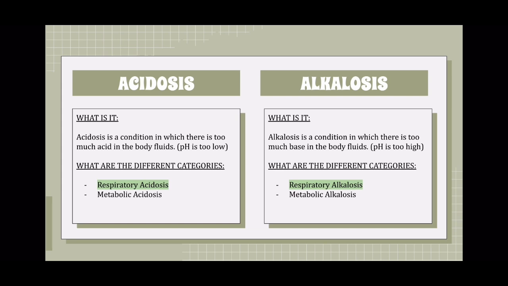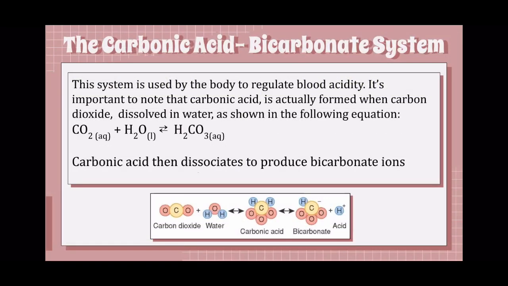But before getting more specific into acidosis and alkalosis, let's go back to talking about the carbonic acid bicarbonate buffer system. The carbonic acid bicarbonate buffer system is used by our body, specifically the respiratory system, to regulate blood acidity.